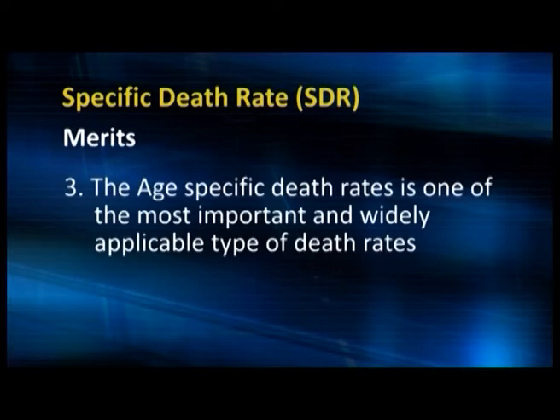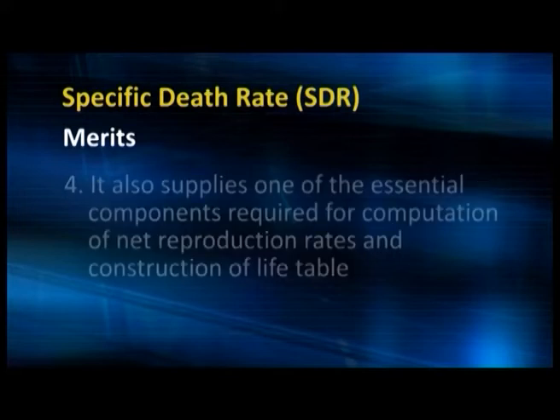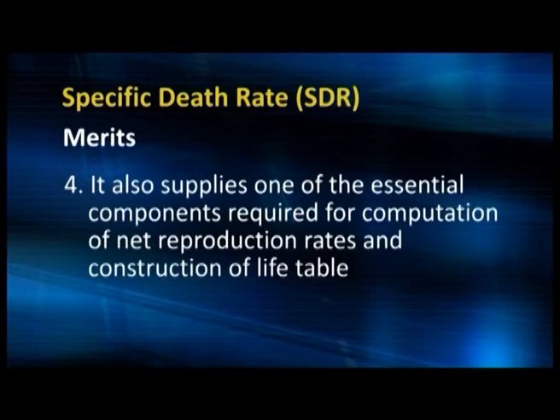The age-specific death rate is one of the most important and widely applicable types of death rates. It also supplies one of the essential components required for computation of net reproduction rates and construction of life tables.